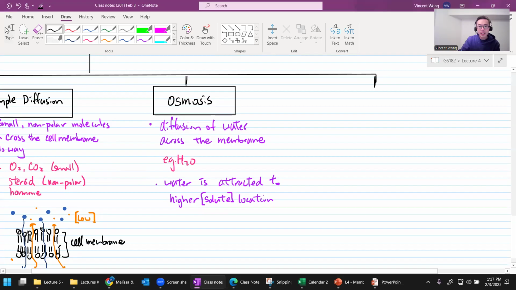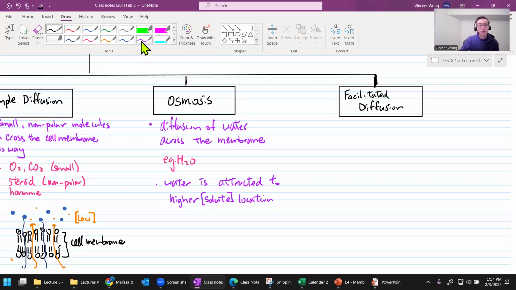All right, number three, we have facilitated diffusion. Facilitated diffusion. I'm going to put a definition on the side here.